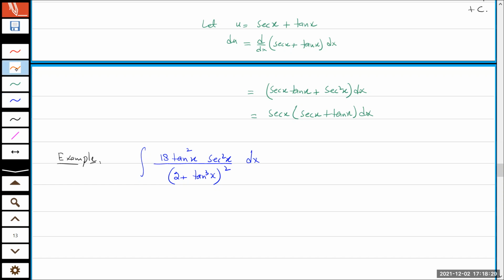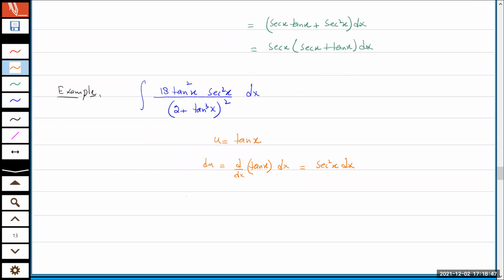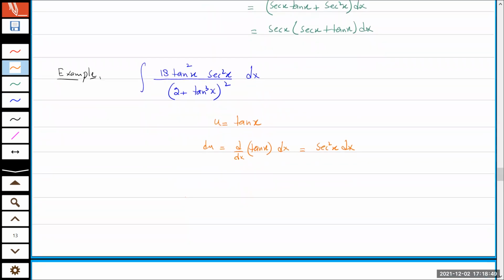So I'm choosing u equals tangent x with the hope that it'll simplify things for us. Let's do du equals the derivative of tan x times dx. This is secant squared x dx. Great. I rewrite my integral, 18 tangent squared x secant squared x over 2 plus tan cubed x whole squared dx.